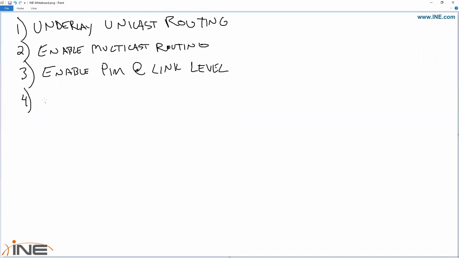And then the next step is that we're going to test the multicast trees. Most of our time today is going to be spent on step number 4, where we're testing the multicast trees and looking at specifically what the details are of PIM, of how it's building the multicast tree from the sender to the receiver.